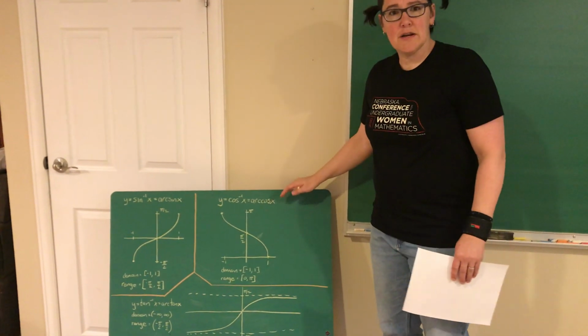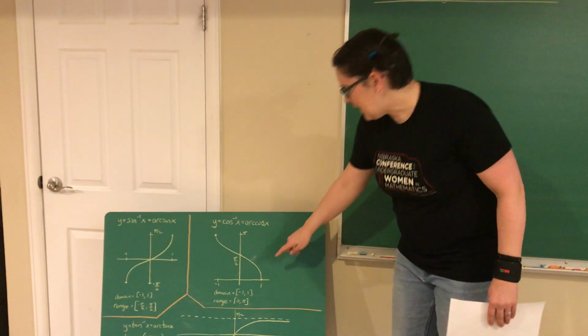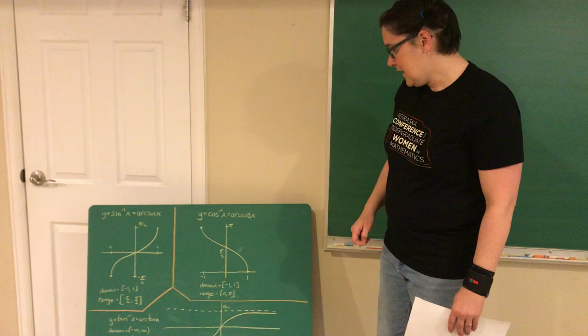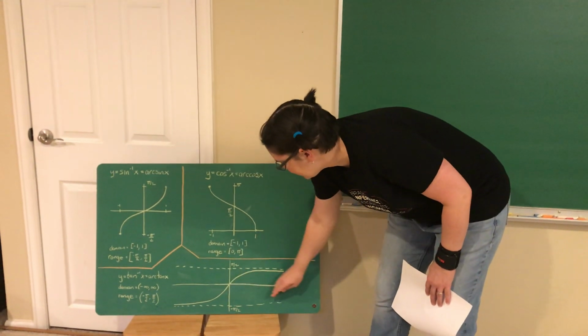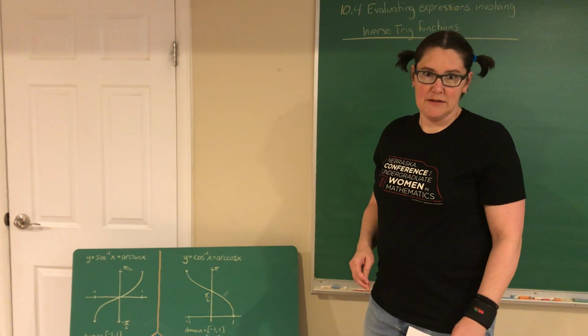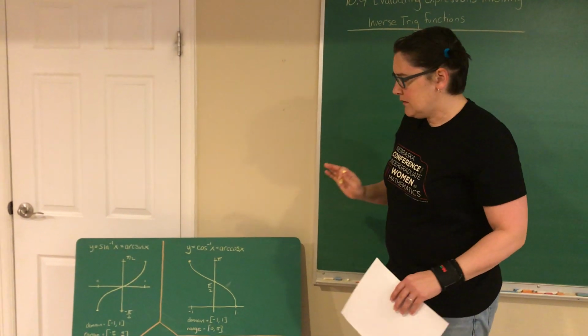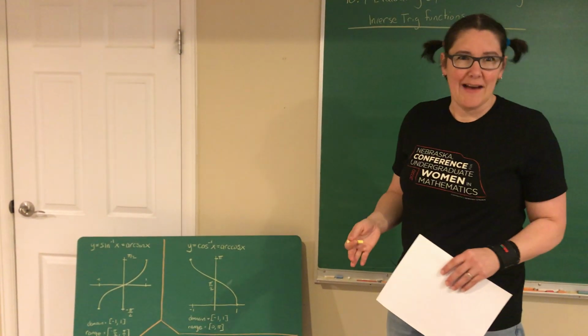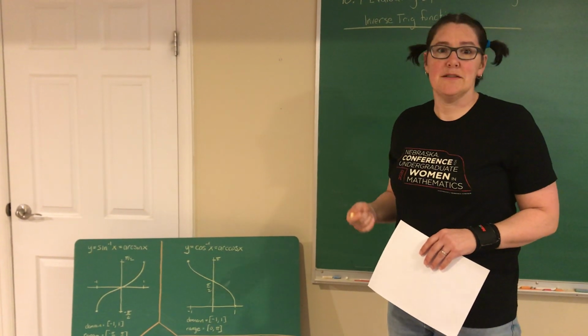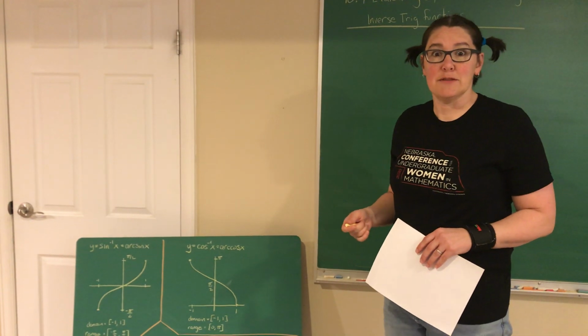For inverse cosine or arc cosine, our range, the possible outputs, are 0 to pi. And for arctangent, our graph down here, our range is negative pi over 2 to positive pi over 2. So while those may just seem like factoids at the moment, those are going to play a really important role in terms of making decisions about how to evaluate each of these expressions.